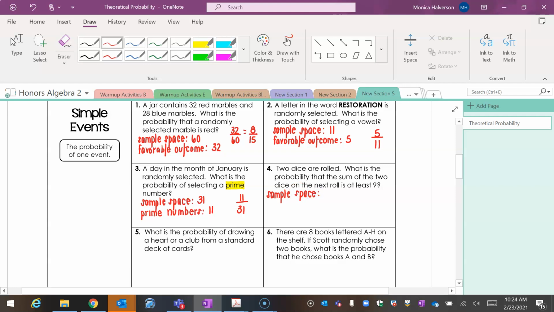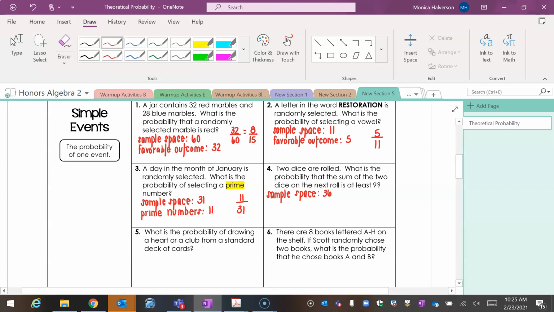All right, so we have to think about all the different possibilities that can happen here, all the different sums that can occur. And that means there are 36 total that will give us a sum when adding the different sides.